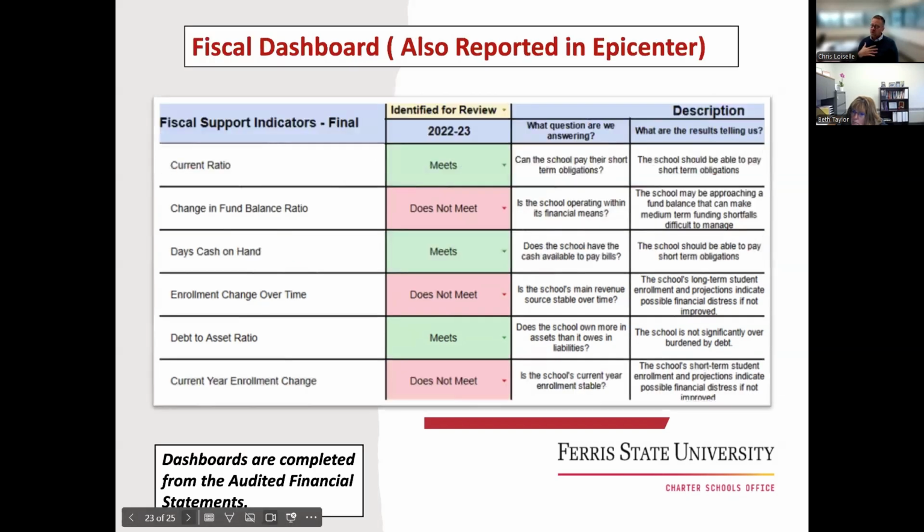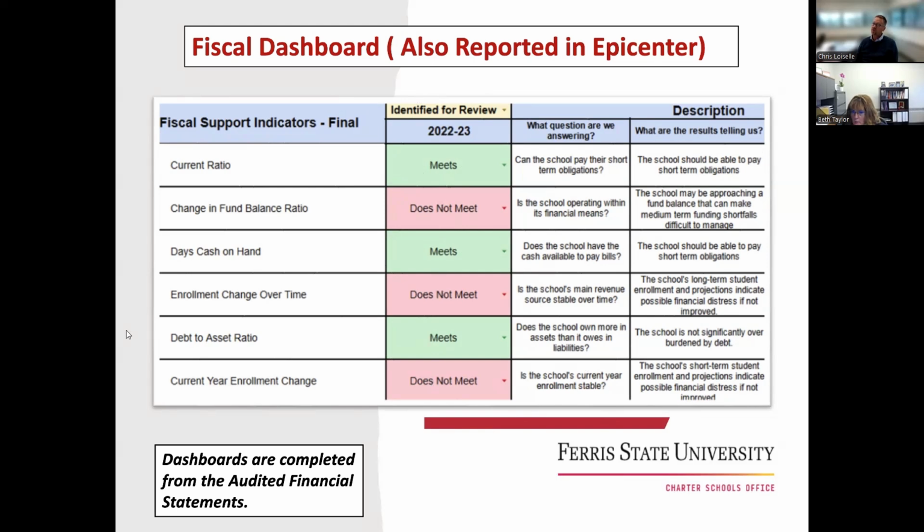So when we are all done internally, we take a look at your final financial statements for the year, and we run this financial analysis, and we will determine based on our KPI criteria where your school falls in the KPIs, and we'll identify areas of weakness, and then we will code the school accordingly.